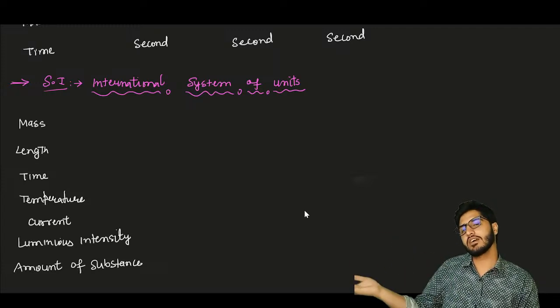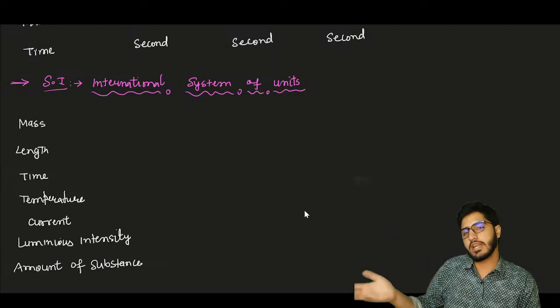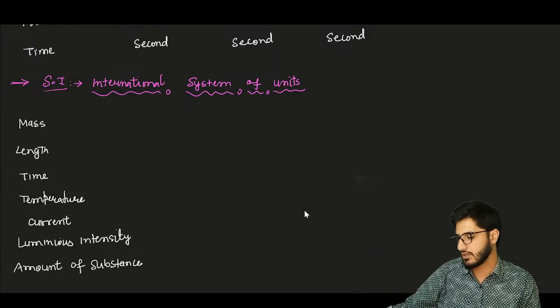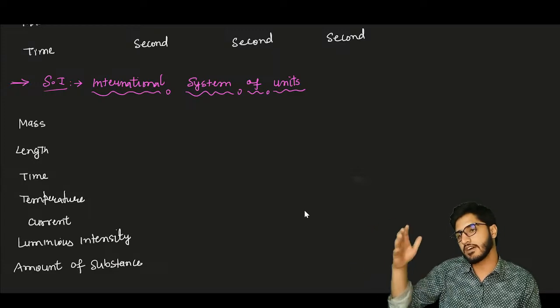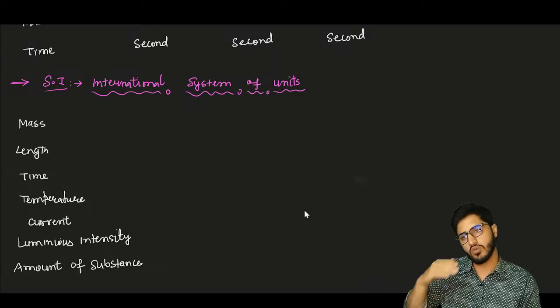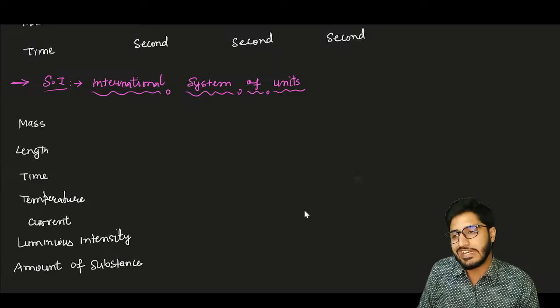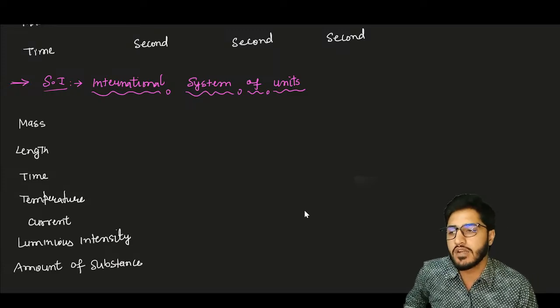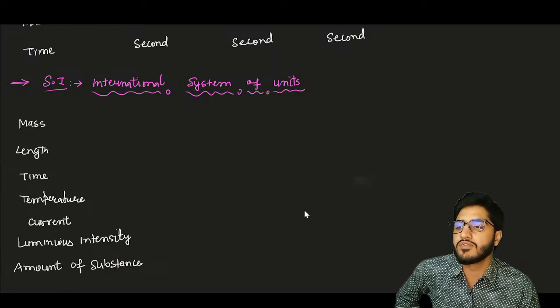But when we go there to bargain, we don't know what system they are following. To clear this confusion, there was a need for a latest unit system, so scientists introduced the International System of Units.